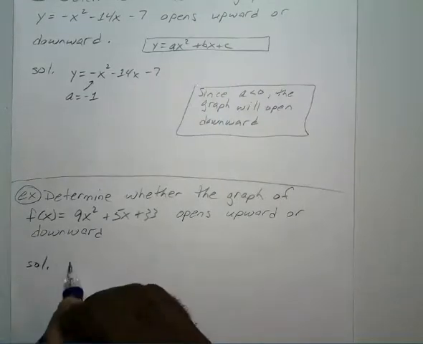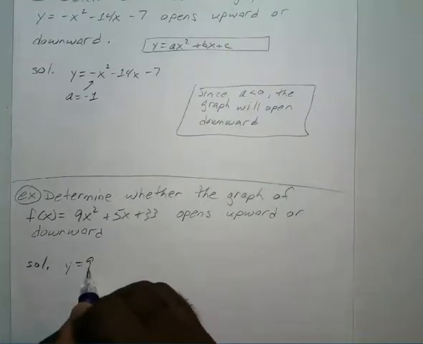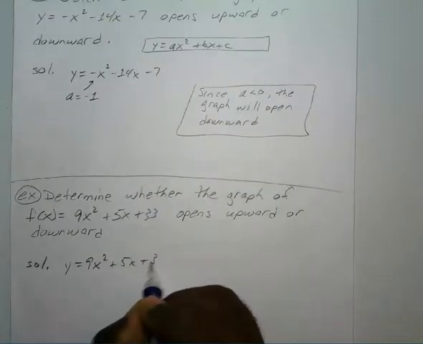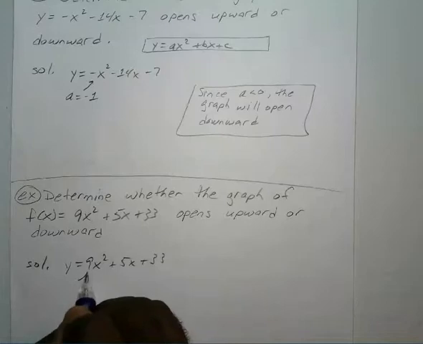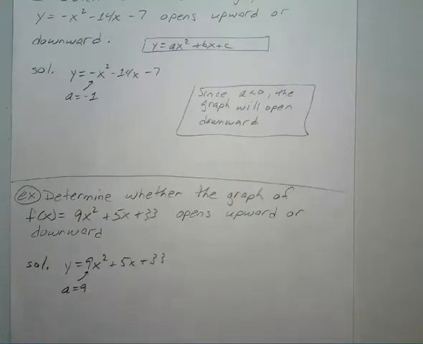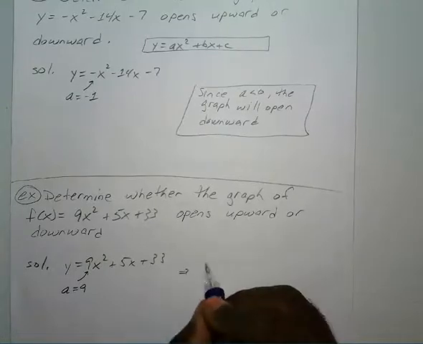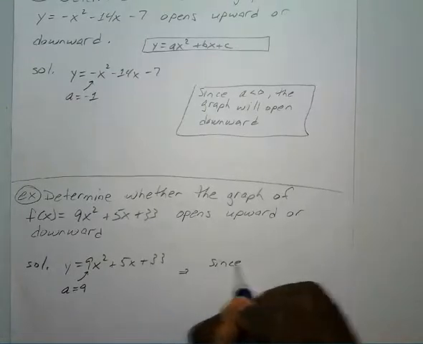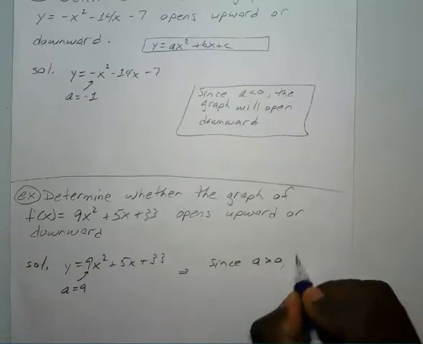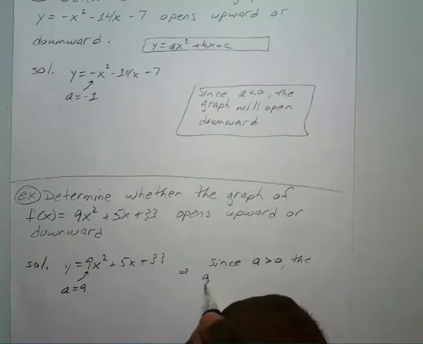So for this one, we have y equals 9x squared plus 5x plus 33. In this case, your a is equal to 9, which makes it positive. Since a is greater than 0, the graph will open upward.